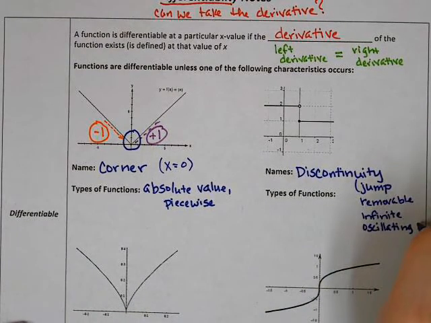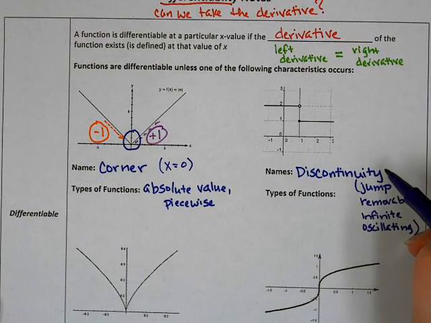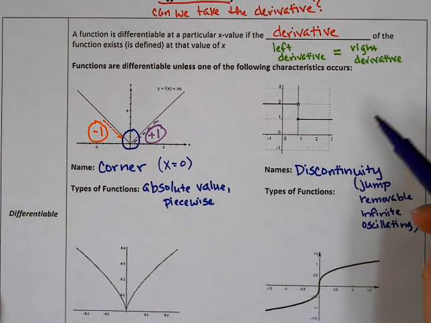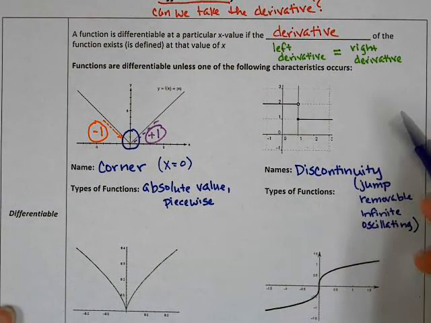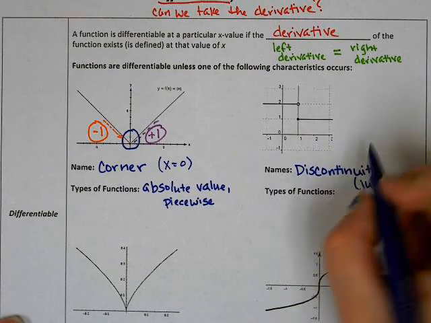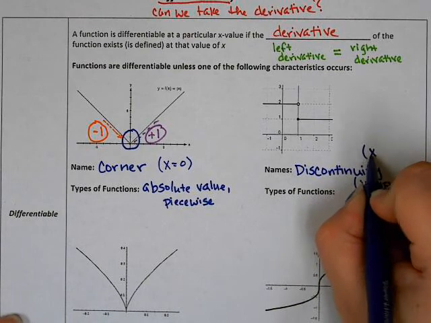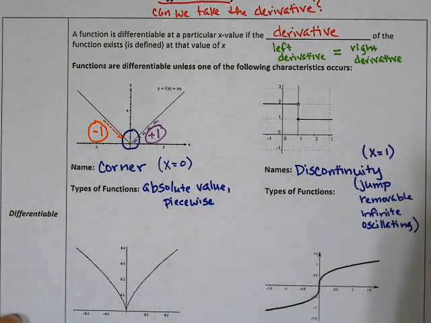So any of these four problems that cause a discontinuity make a function not differentiable. All right, in this case, if we were looking at this particular one, the discontinuity would be at x equals 1. So we would say this function is not differentiable at x equals 1.